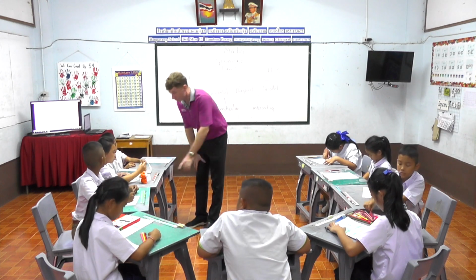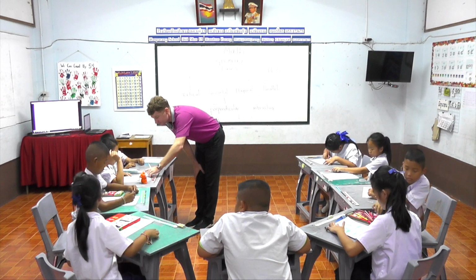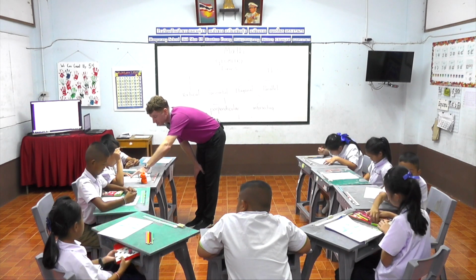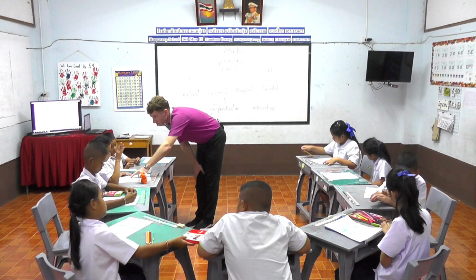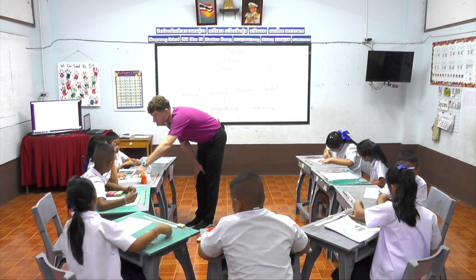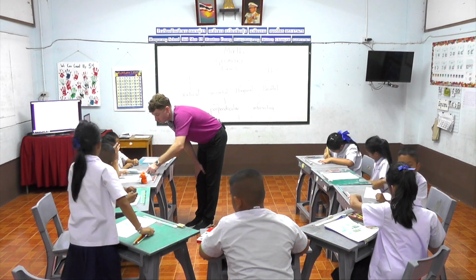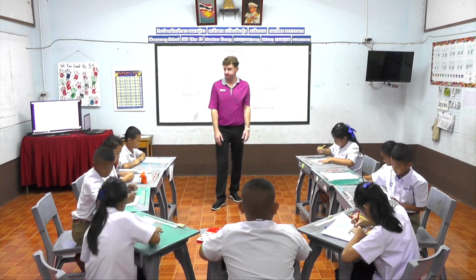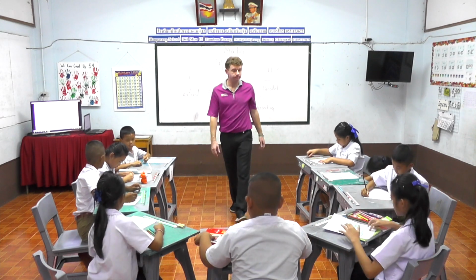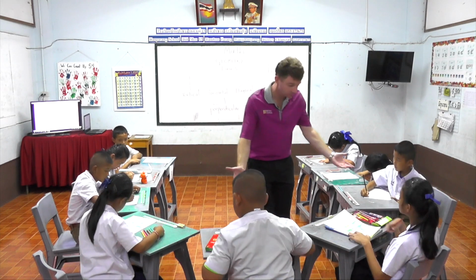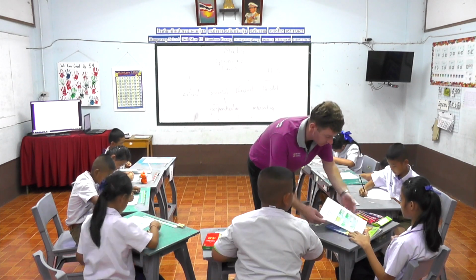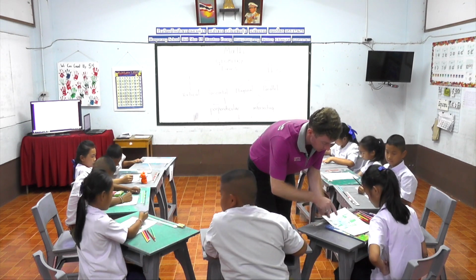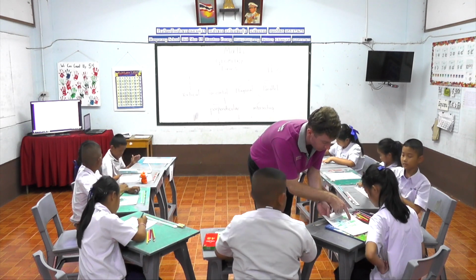Perfect, Nadia. So you've done a blue vertical line. So now, what number is vertical line? Number 1. So you just write number 1 next to it. Perfect. That's great, Dan. You see, you've got your vertical line in blue here, and you've got your horizontal line in red here.